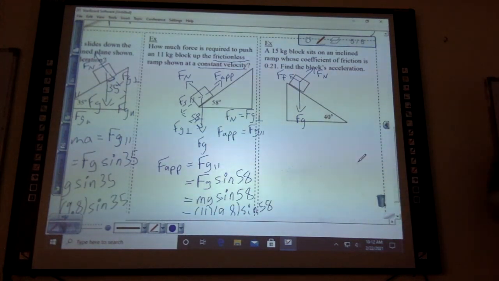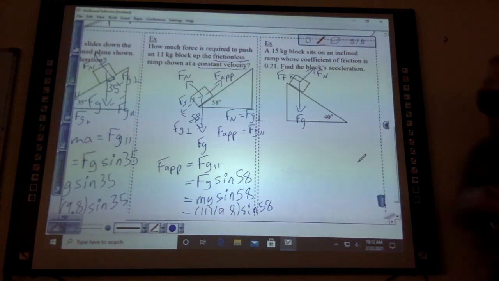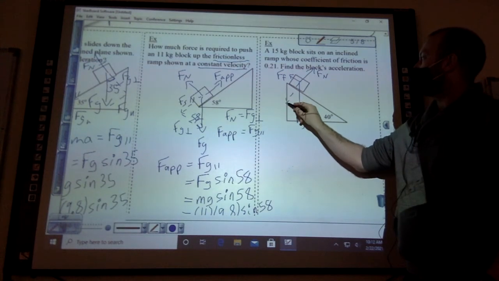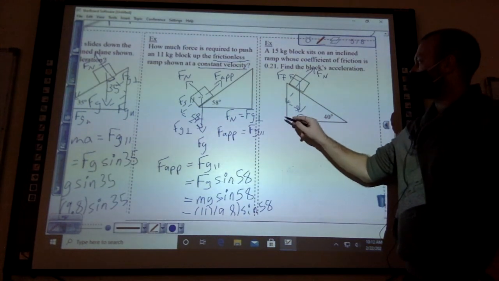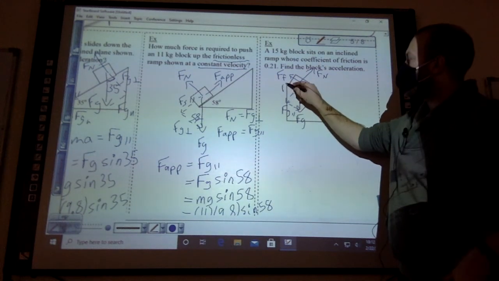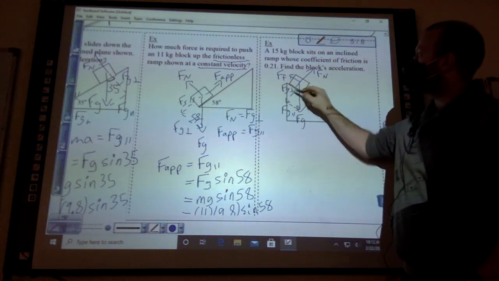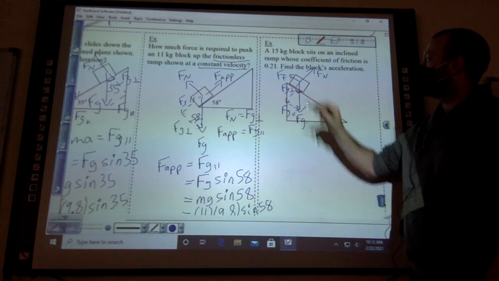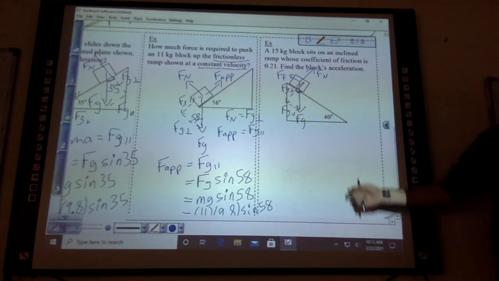So again, let's go back and split up Fg, because that's always a good place to start. When in doubt, split this apart. So I've got Fg parallel, I've got Fg perpendicular, and my angle is up here because we're beside the Fg perpendicular.